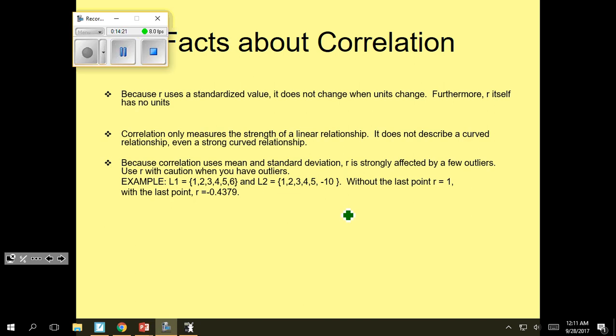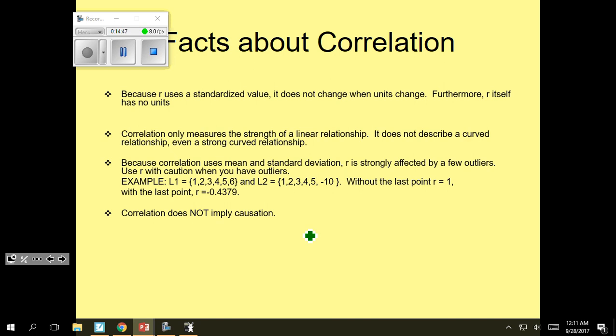The next point says that even when I have strong correlation, we don't have causation. And this is a mistake that many people make. Correlation does not imply causation. Just because as X goes up, Y tends to go up, doesn't mean that that relationship is causal.